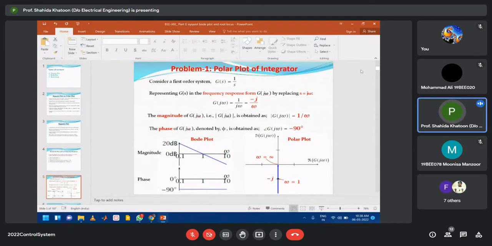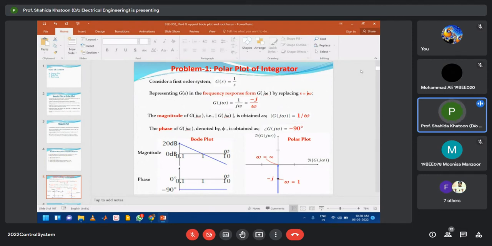Suppose the first order system G(s) is given by 1 by s. So representing G(s) in frequency response, s becomes j omega. So replace s by j omega. So G(j omega) is 1 upon j omega. And normally we don't want to keep j in the denominator, so we multiply numerator and denominator by j.